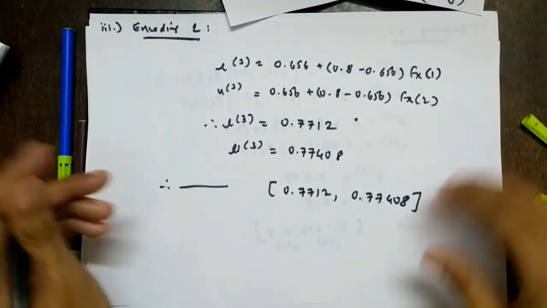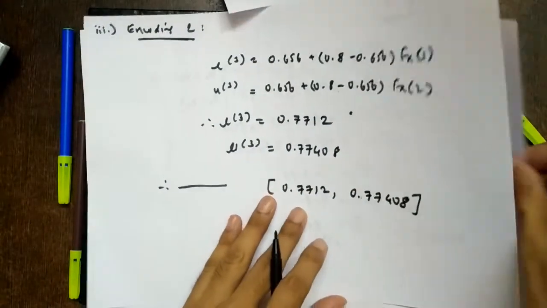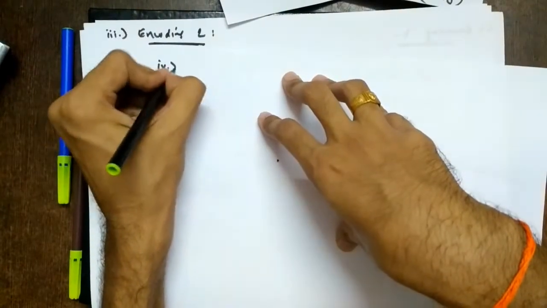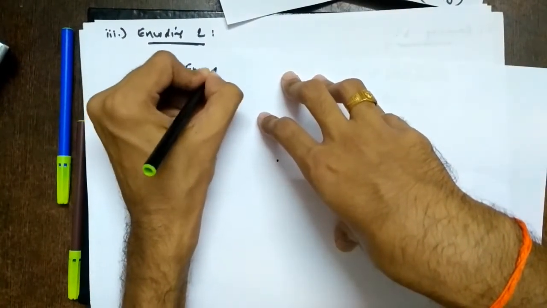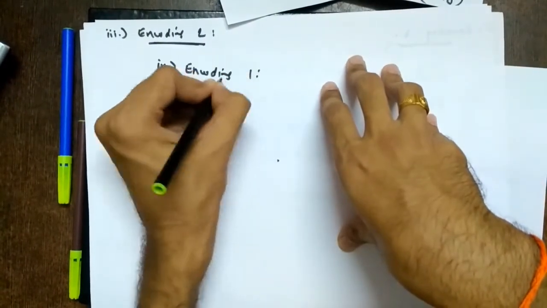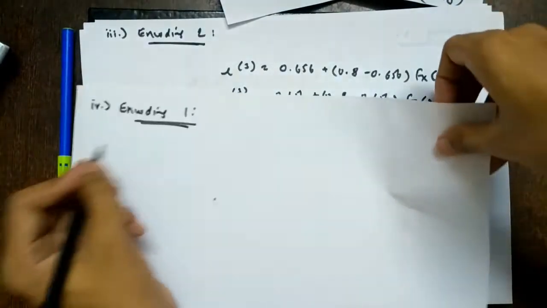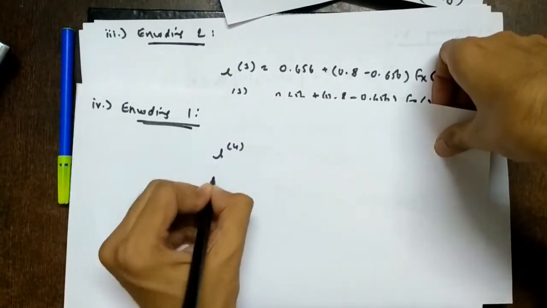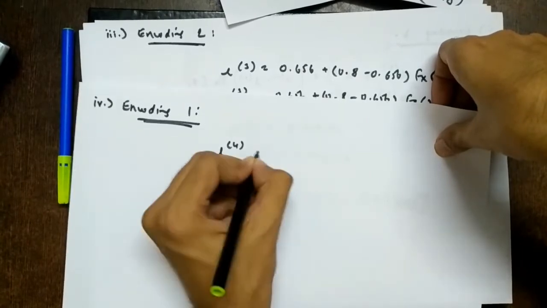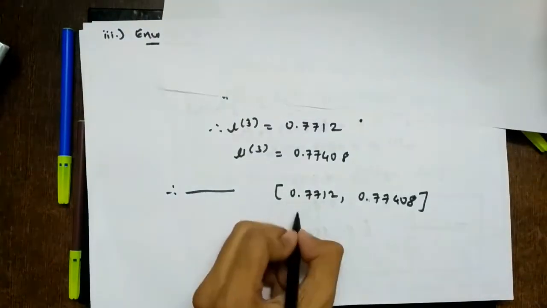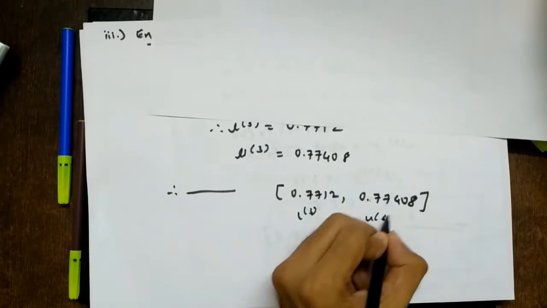Okay. So finally, what do we have? Encoding the sequence 1, so 4. What will be the updated numbers now? L4 and U4. So it will become what? These are L3, this is our U3.